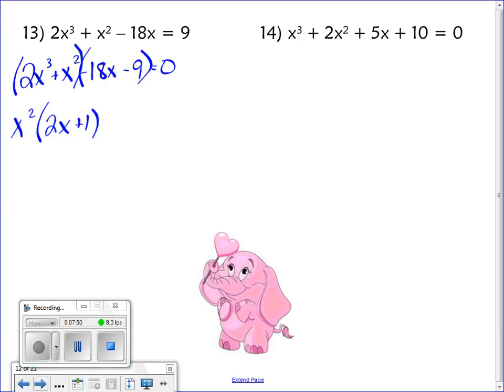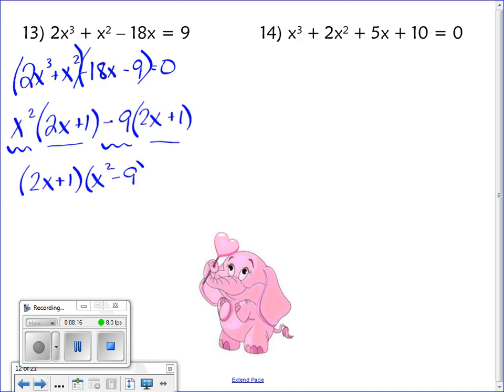GCF in the second set? -9. What's left over? 2x plus 1, because you have the two negatives. Common parenthesis? Yeah, the common parenthesis, when we factor that out, is 2x plus 1. What's left over? x squared minus 9.